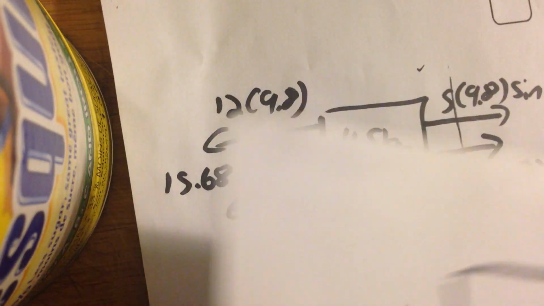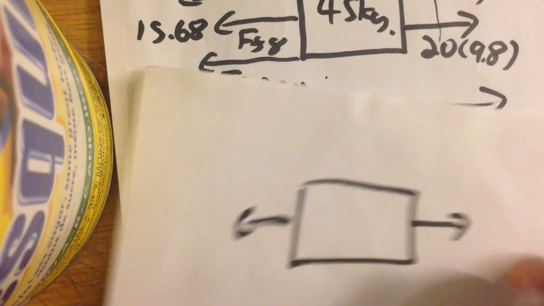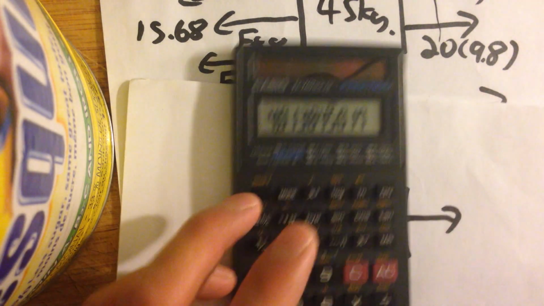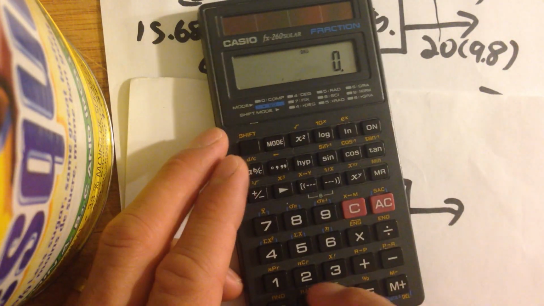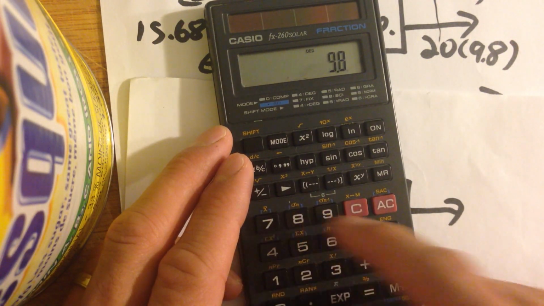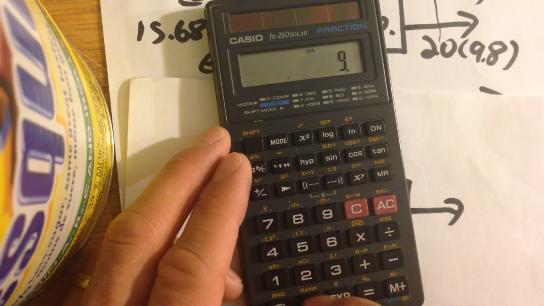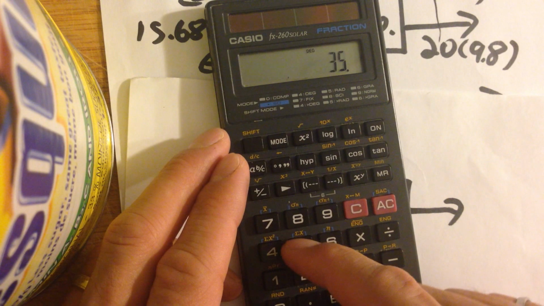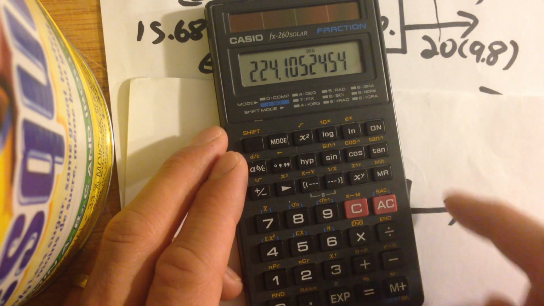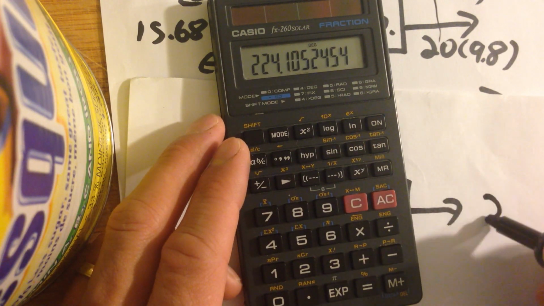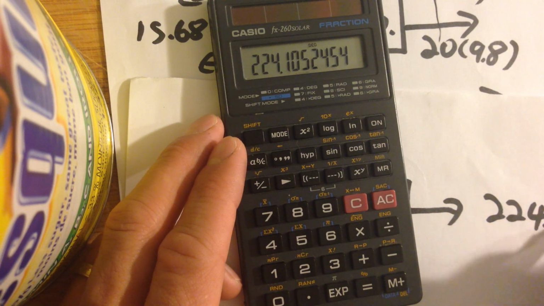So everything going to the right is 20 times 9.8 plus 5 times 9.8 times sine 35. So we've got everything going to the right is 224.1 newtons.